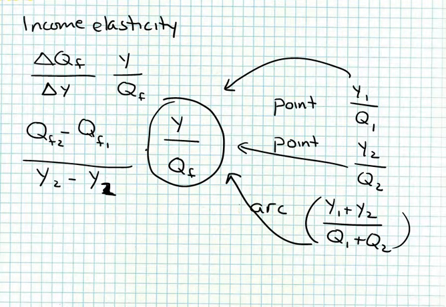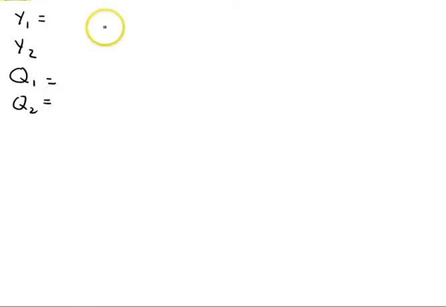So let's actually see whether or not we can use real numbers and calculate an income elasticity of demand. Well, we know we have to have two incomes, and we know we have to have two quantities. And it's really as simple as that. So let's say this consumer's income increases from 100 to 120.